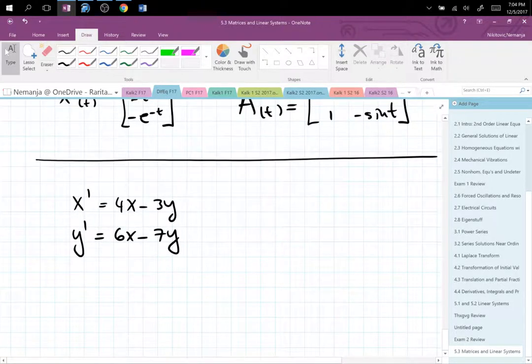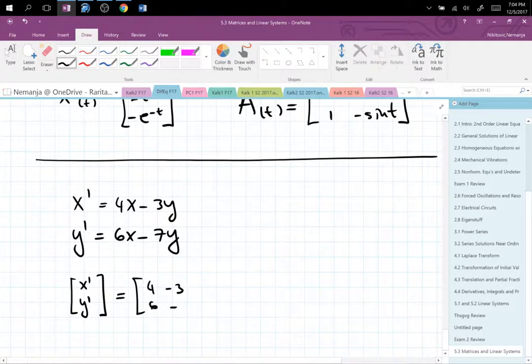Exactly. You can quickly say that your column vector of x prime, y prime is equal to the coefficients 4, negative 3, 6, and negative 7 times the column vector x, y.